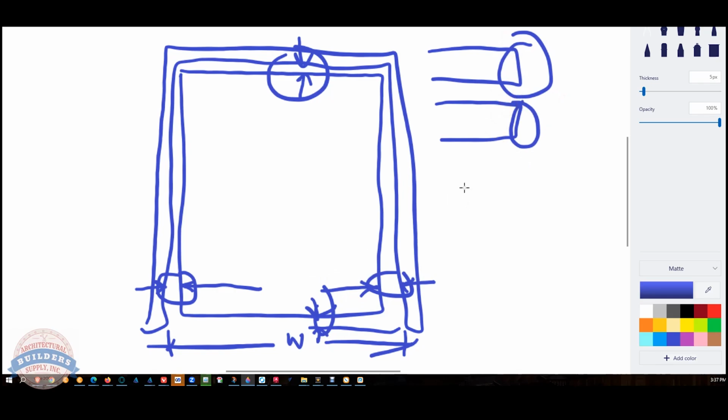A lot of customers, especially old-time carpenters, are going to want a door that looks like this. Here's your hinge. They want a square edge on the hinge side, and they want a beveled edge here. You're going to want to put 1/8 of an inch here, let's say, and 3/32 here. But they want that square.